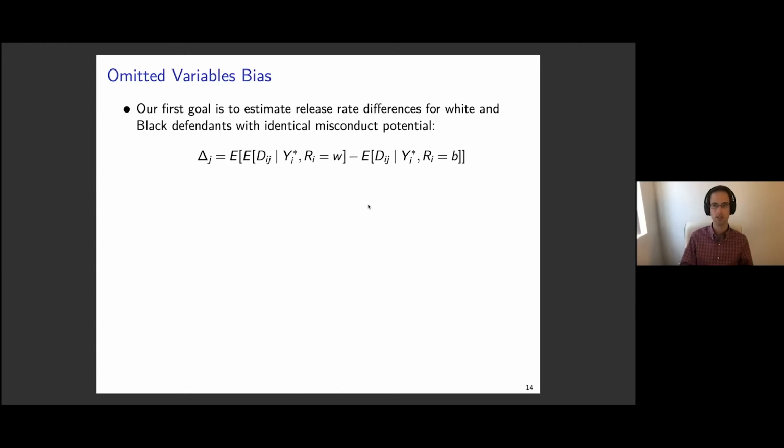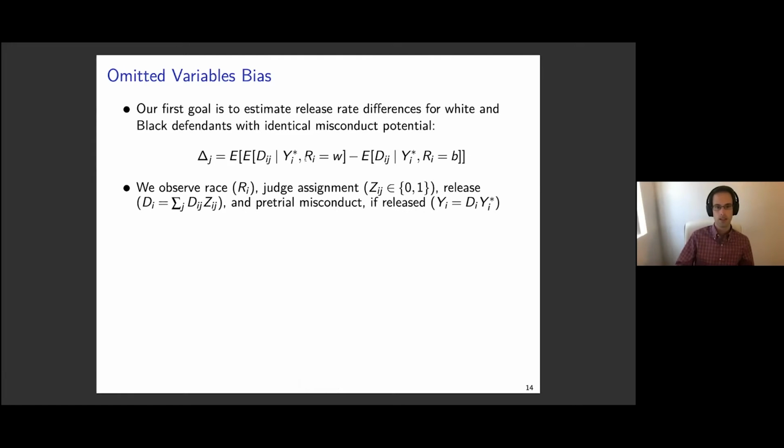Now we're going to go to the main goal of the paper, which is how to estimate differences in release rates that condition on latent misconduct potential. Delta J is the parameter the paper aims to estimate. What we observe in the data is R_i, the race of the individual.